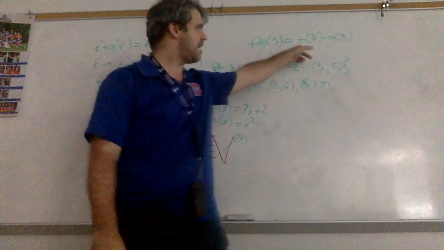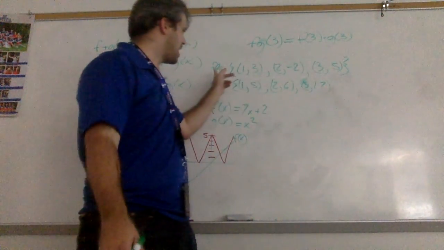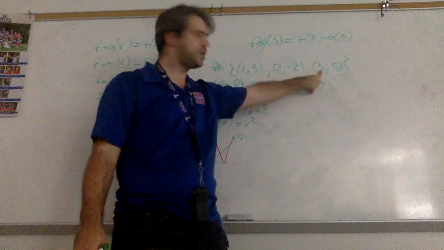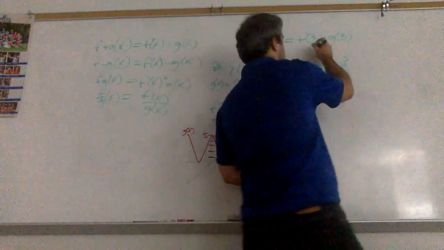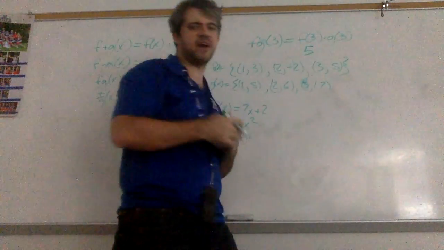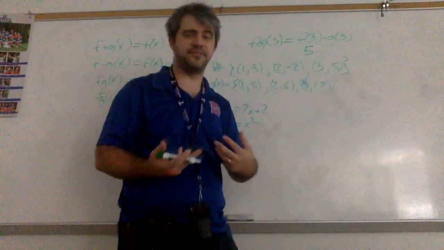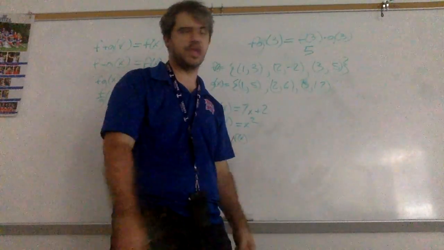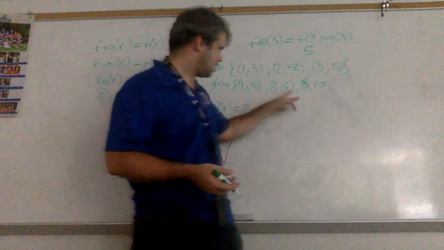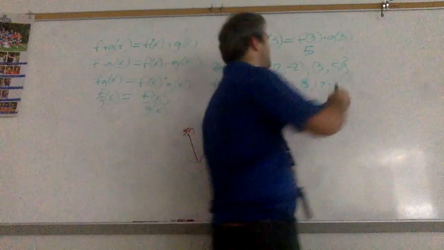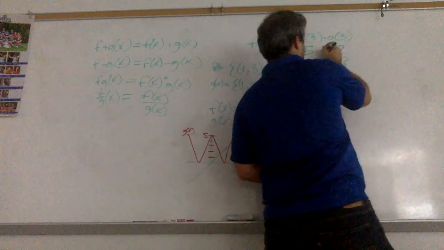Well, what's f of 3? So we go to our f function. We look at where our input is 3. What is the output there? It's 5. So f of 3 is 5. That's the output of the f function when the input is 3. G function, input is 3, output is 17.